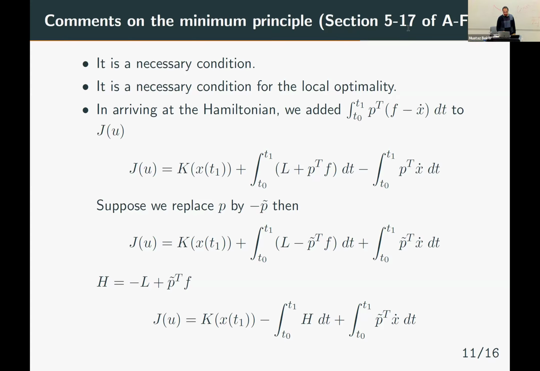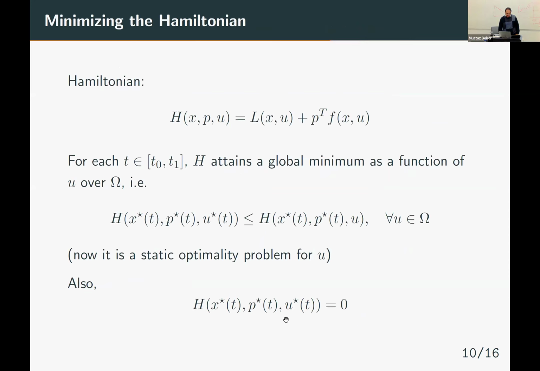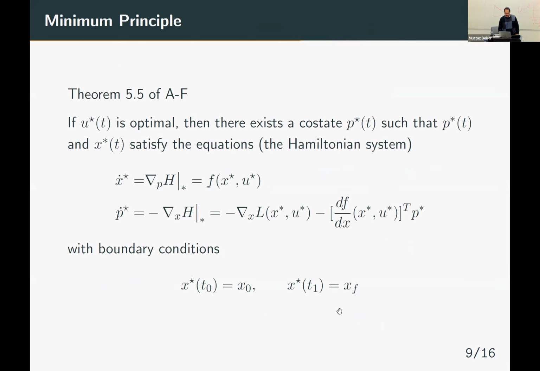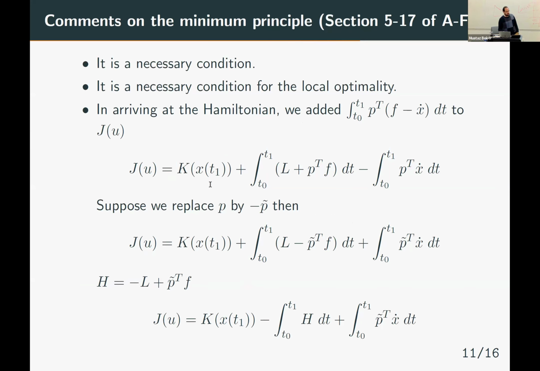But basically, here's a summary of the first 2 or 3 comments: satisfying this inequality and this equality, and satisfying this theorem, acts as a necessary condition for optimality, for sure for local optimality, according to the theorem. For global optimality, there is more argument to be involved. But for sure, we have local optimality.